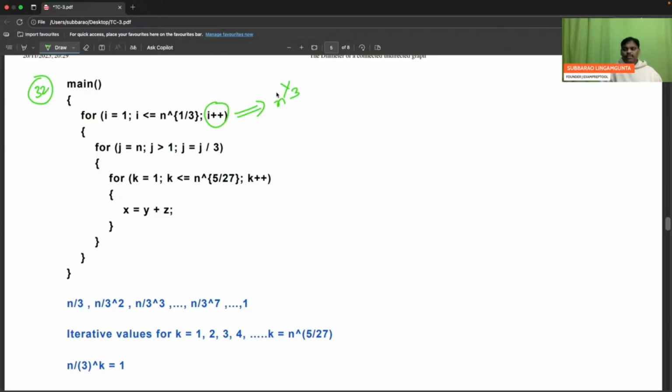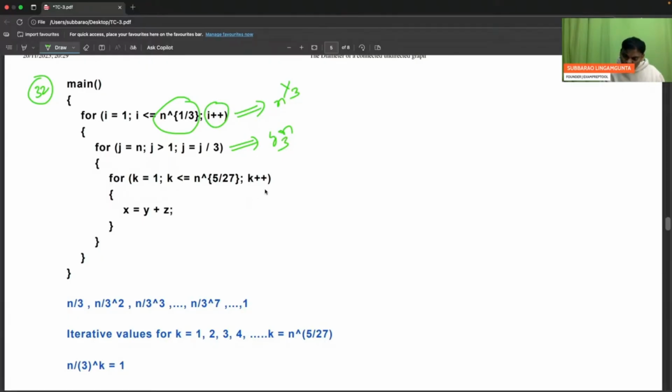Always incrementing plus 1, so n by 1. Next one, always divide by 3: log n base 3.